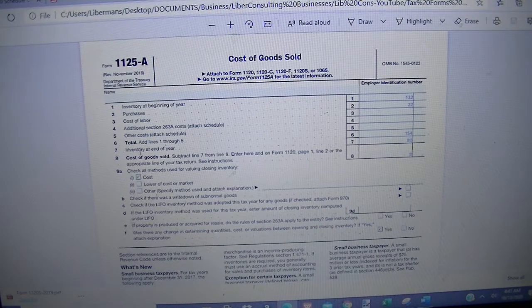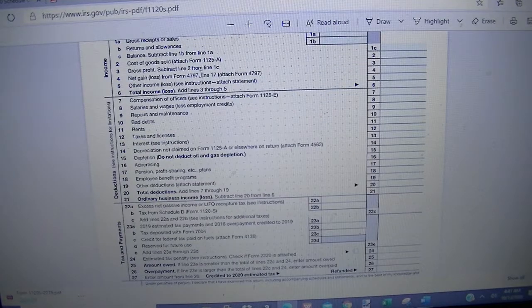If you still have some goods in inventory you didn't sell, you are not going to deduct the full amount of interest paid on the credit cards. Only a portion related to the goods that you sold will be deducted. That will be included in the cost of goods on line 8, and that will go to Form 1120S line 2.